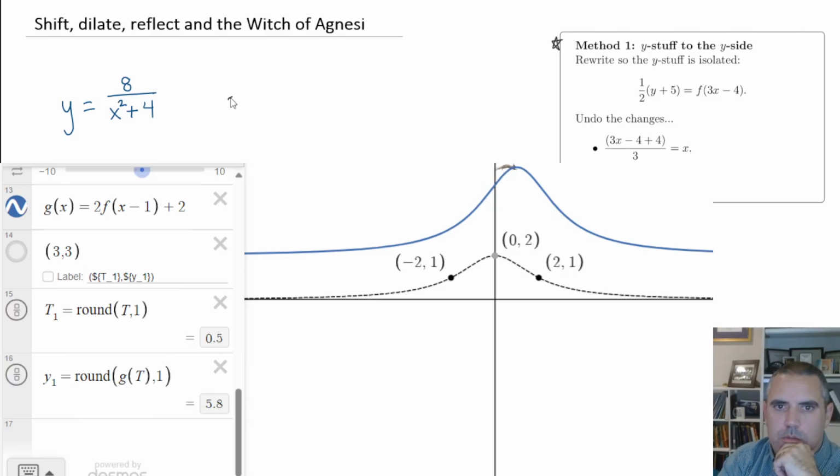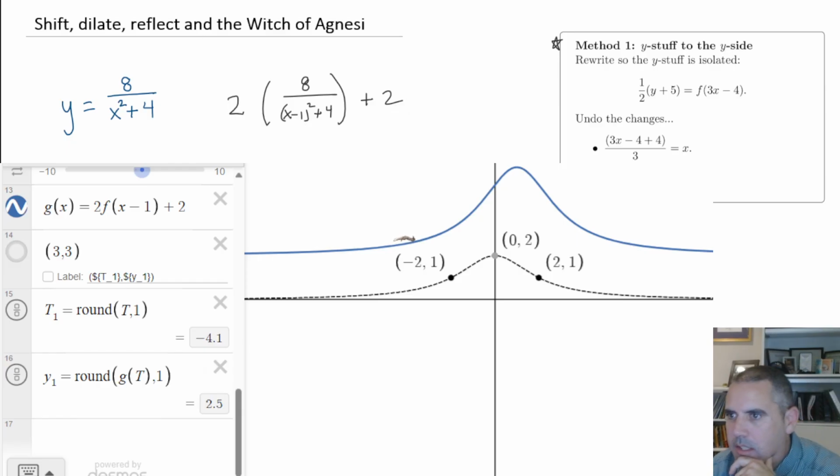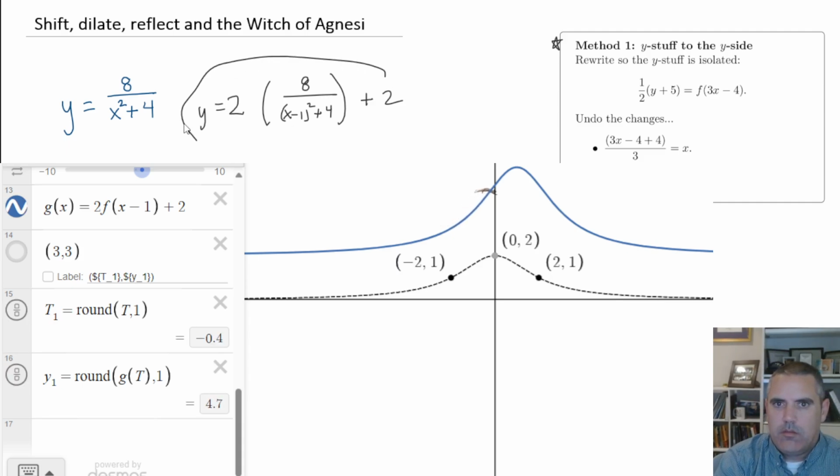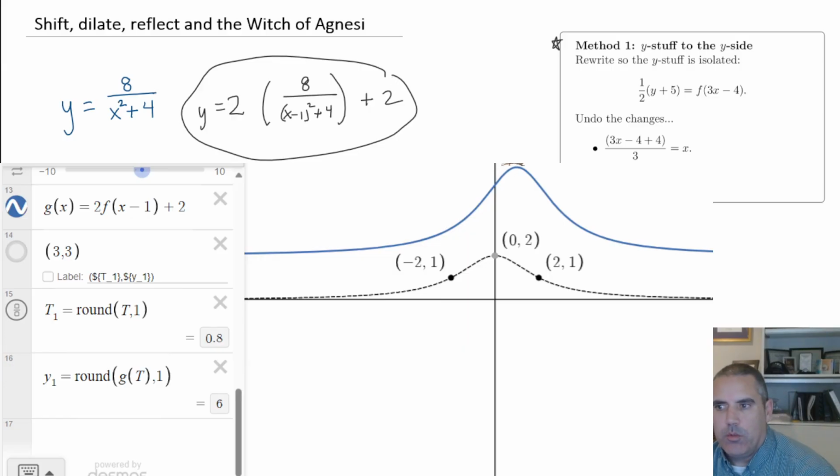So I'm going to do 2 f of x minus 1 plus 2. Is that what we said? I'm having a terrible memory day. That's it. This is the equation for that manipulated blue curve there.